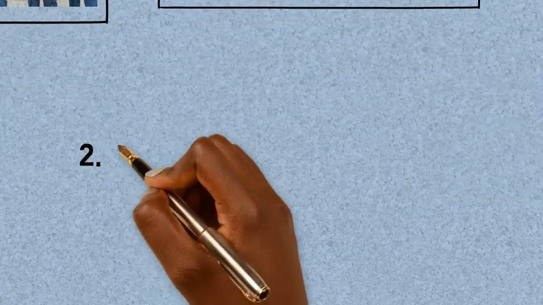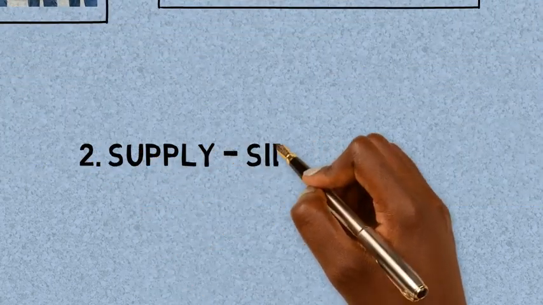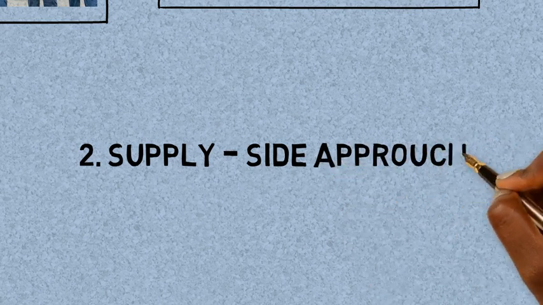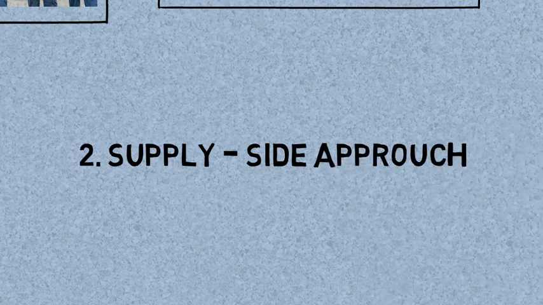Another approach to stimulate economic growth and development is the supply side approach. This approach is going to include anything that can influence the aggregate supply of goods and services, with the focus on microeconomic components such as competition as well as potential output.